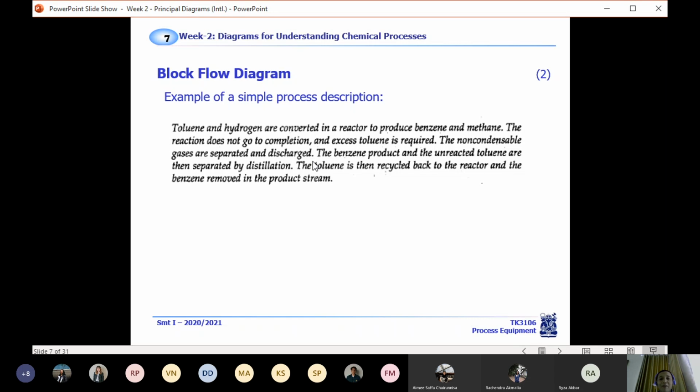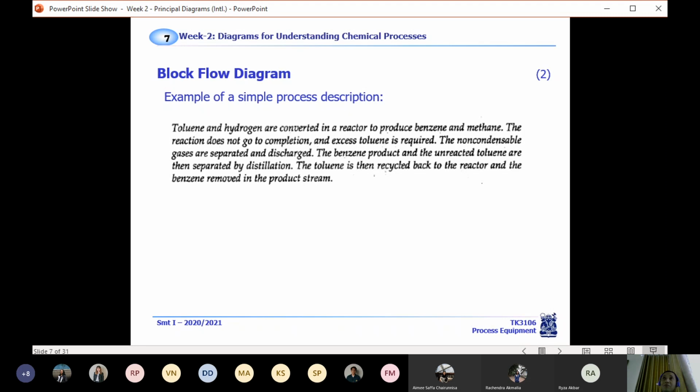Again, this emphasizes the previous sentence, that in this plant we have separation. At least there will be a two-stage separation. The first separation is to separate the non-condensable gas. Non-condensable gas in this process is, for example, the hydrogen and also methane. Why is it called non-condensable gas?